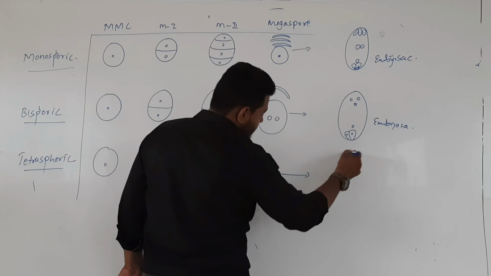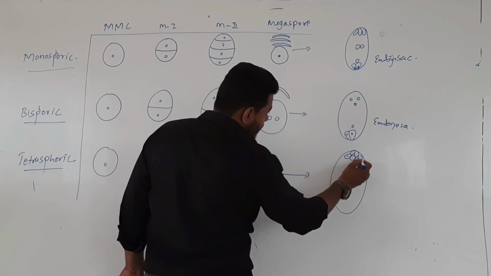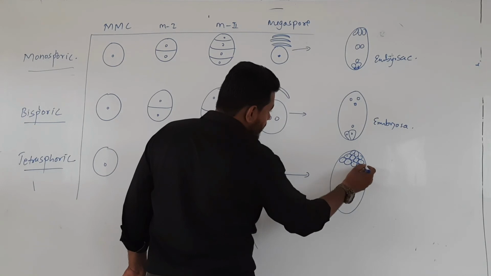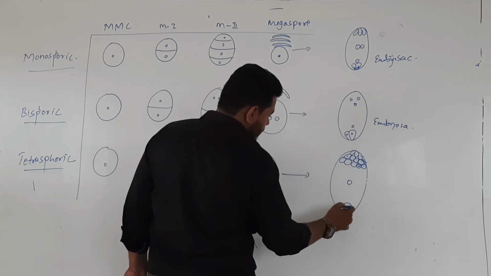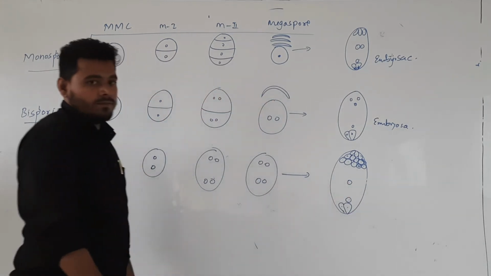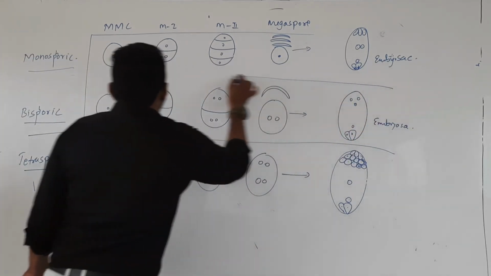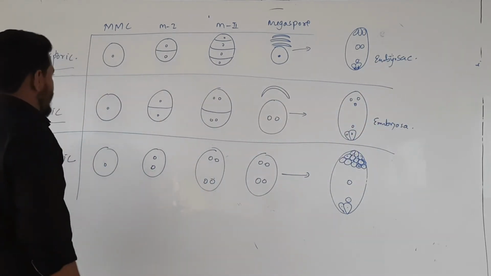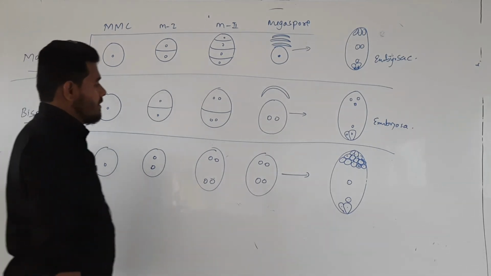When it forms an embryo sac, a number of antipodal cells are present, many antipodal cells with 1 central nucleus and 3 egg apparatus. Okay, so this is the monosporic, bisporic and tetrasporic type of development.